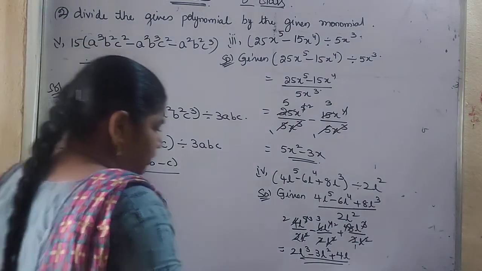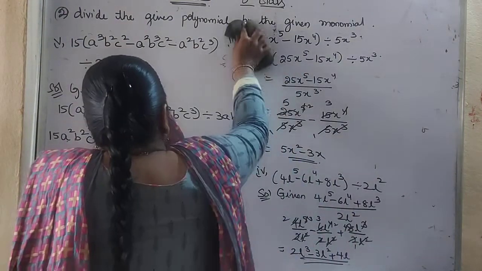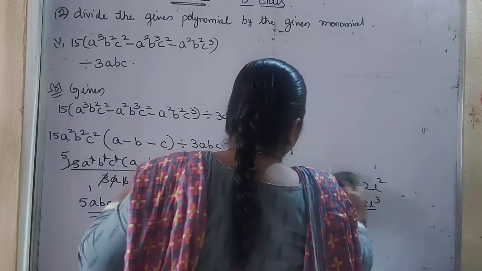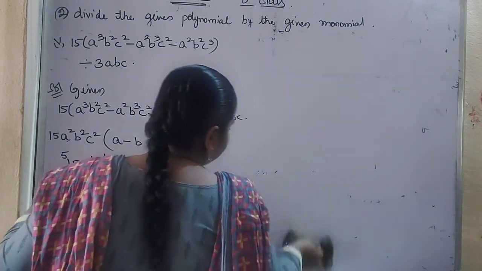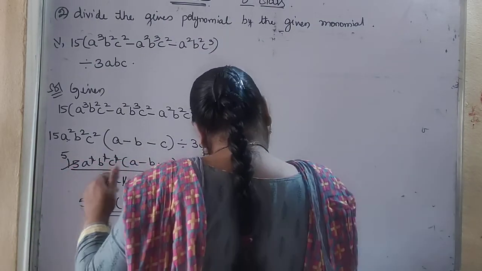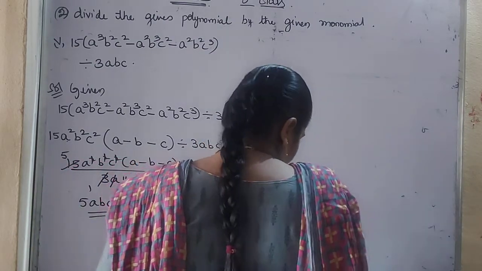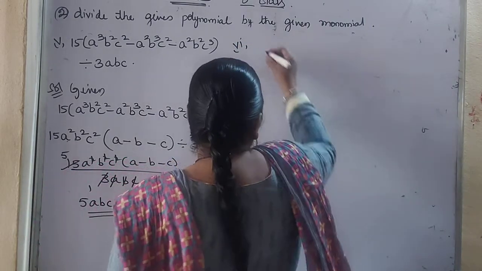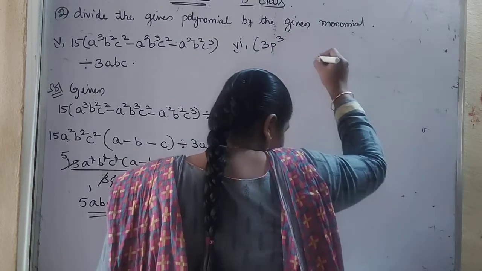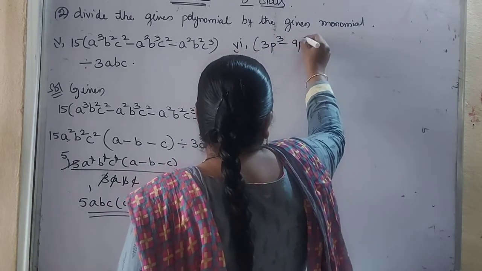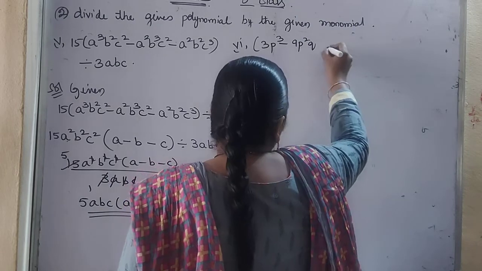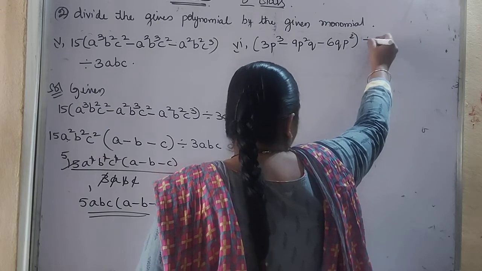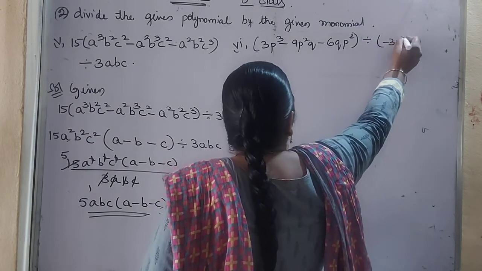Next, sixth one is 3p cube minus 9p square q minus 6q p square divided by minus 3p.